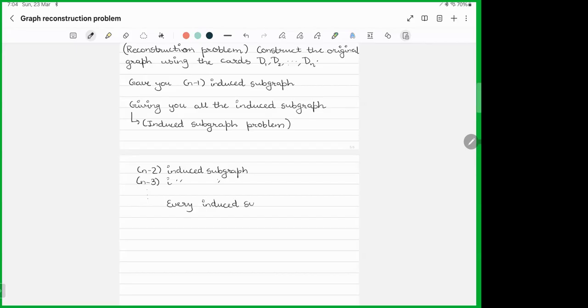What I meant by this is, suppose the original graph has vertices v1, v2, ..., vn, then your collection should have only one graph with vertices vi1, vi2, ..., vir.